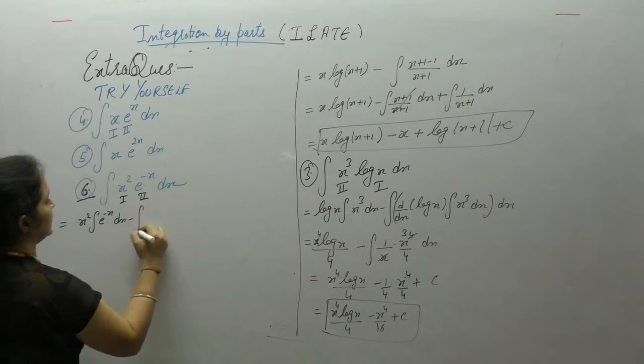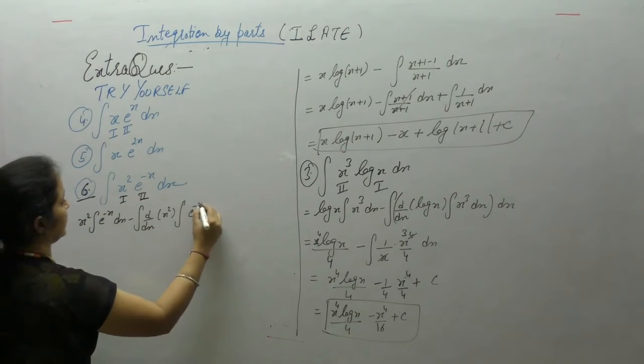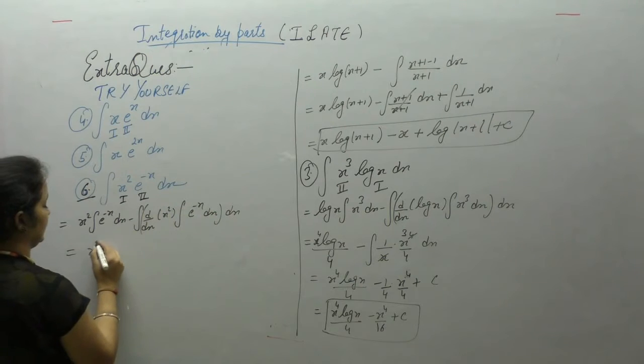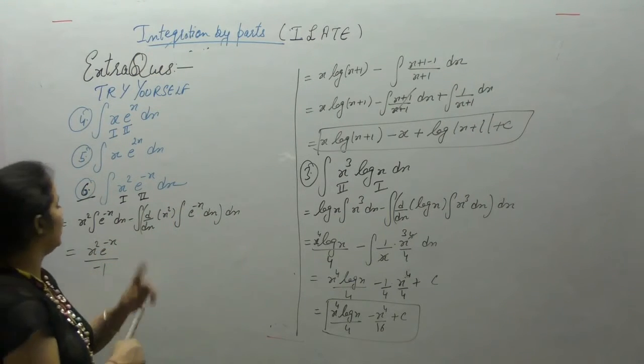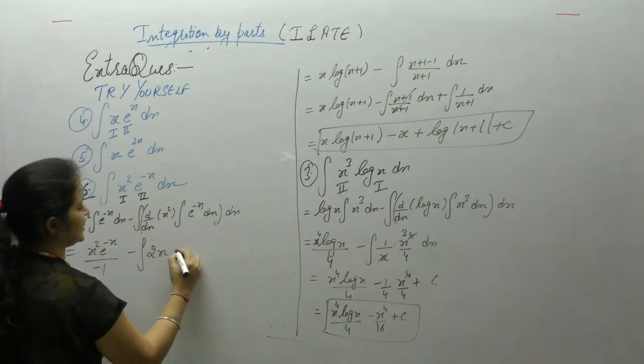Minus x, derivative of first, integral of e power minus x. Integral of e power minus x is e power minus x upon minus 1, derivative of minus x. Derivative of x square is 2x.